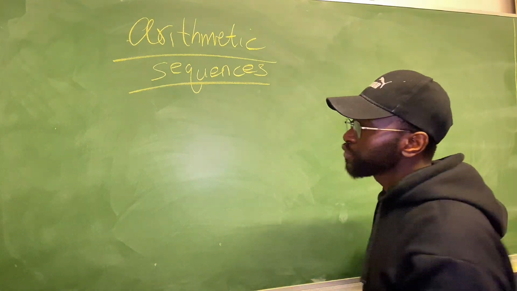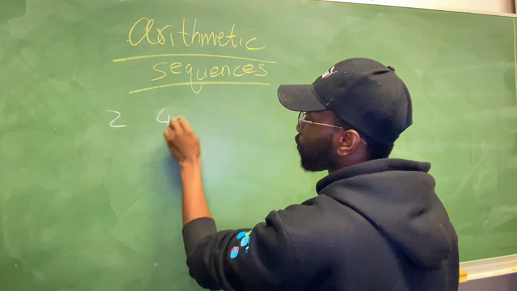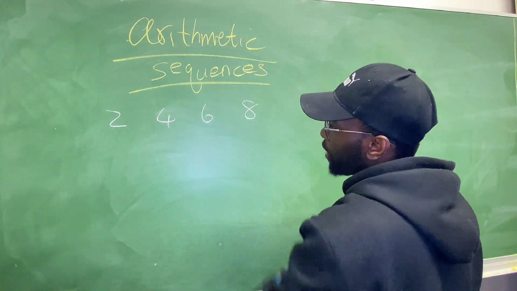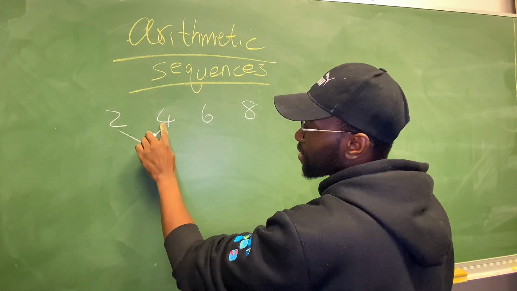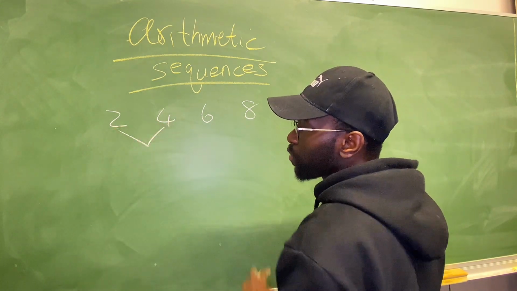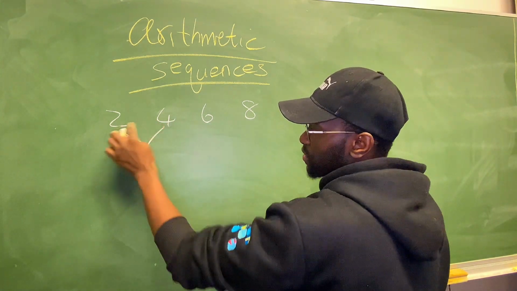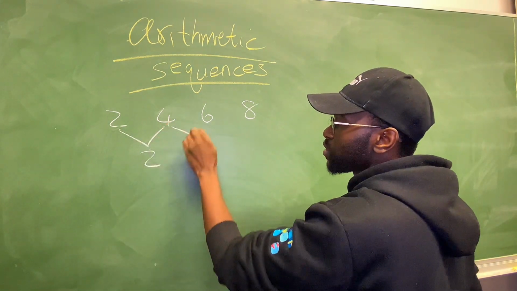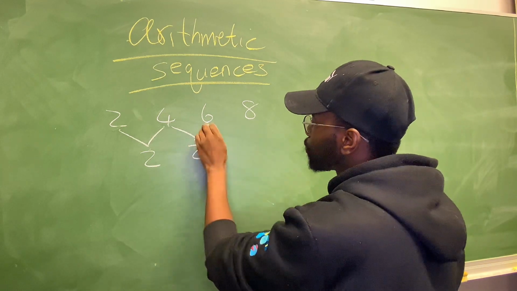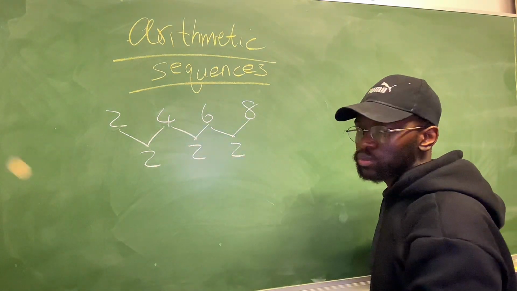I mean that if you have 2, 4, 6, 8, to go from 2 to 4, you will add a constant value. Now the difference here is 2. You will add 2 to get 4, and to get the next value you will add 2, and to get the next value you will add 2.